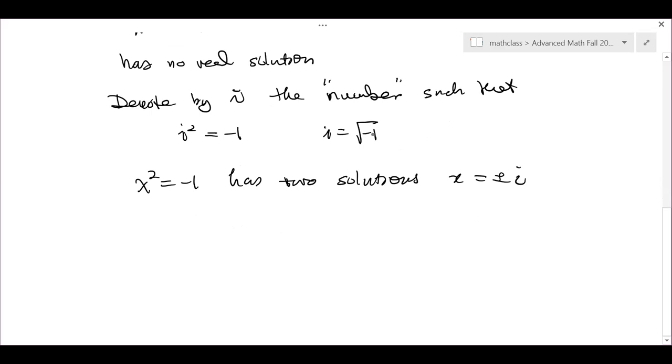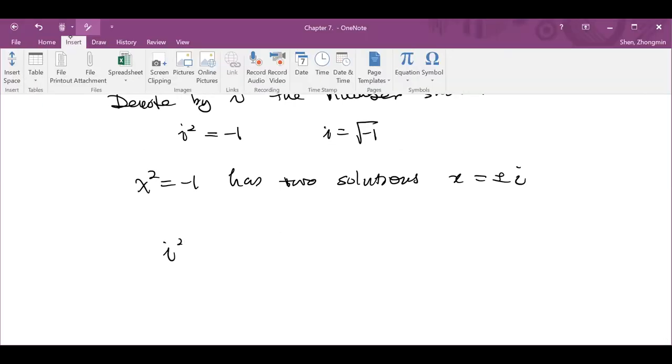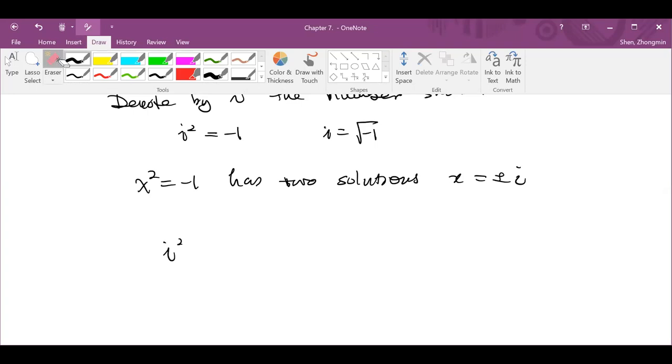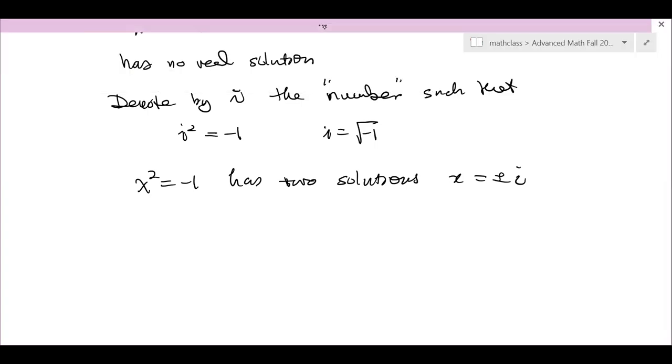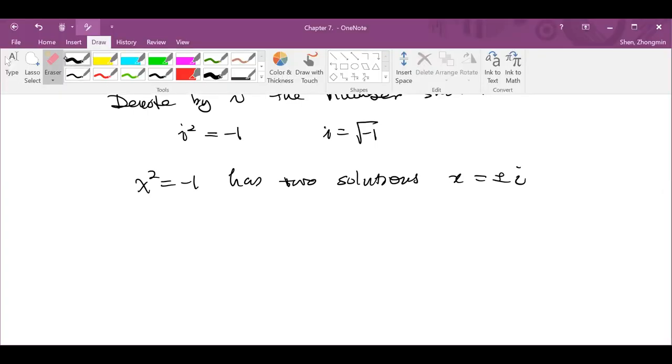Then, if we want to solve the equation x squared equals -8.